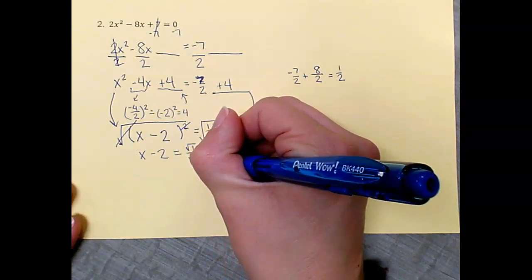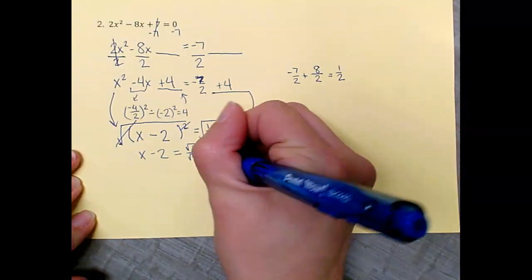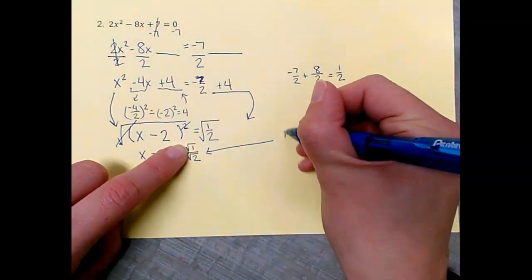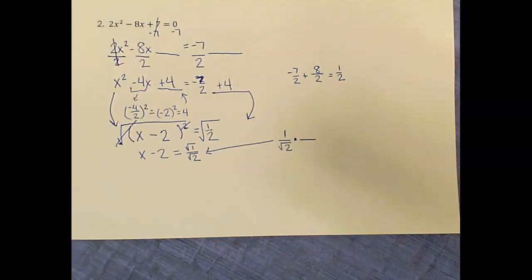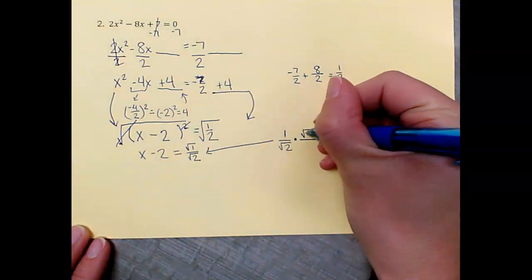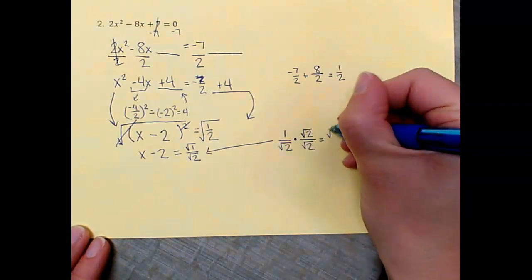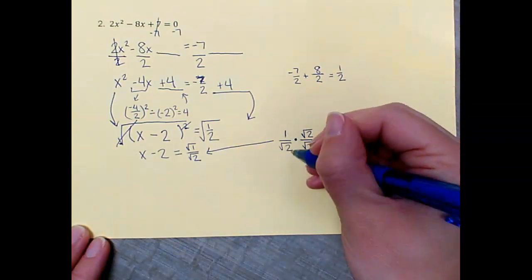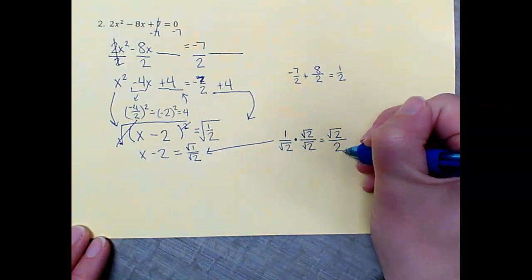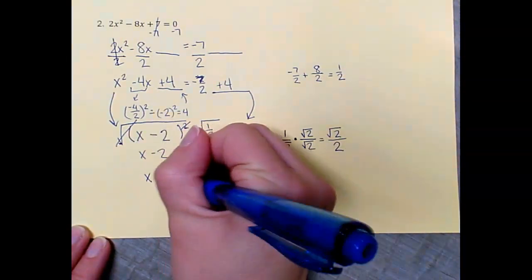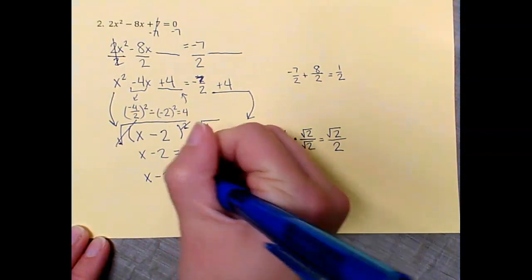Well, remember one of my rules is that I can't have a radical in the denominator, so I have the square root of 1, which is just 1, over the square root of 2. How do I rationalize that denominator? Multiply by the square root of 2 on the top and on the bottom. 1 times square root of 2 is square root of 2. Square root of 2 times square root of 2 is just 2. So I have x minus 2 equals the square root of 2 over 2.